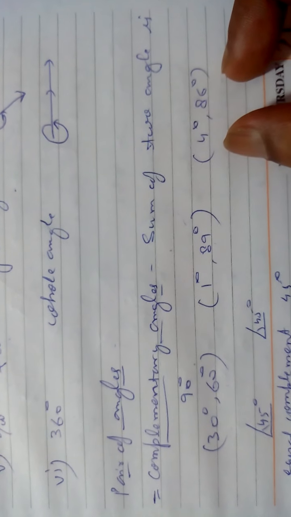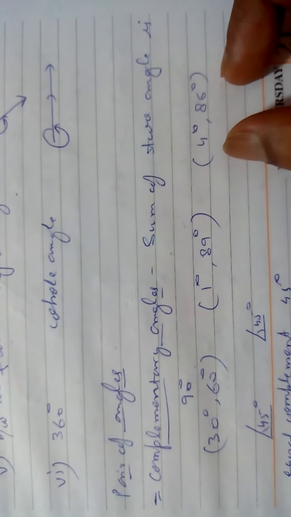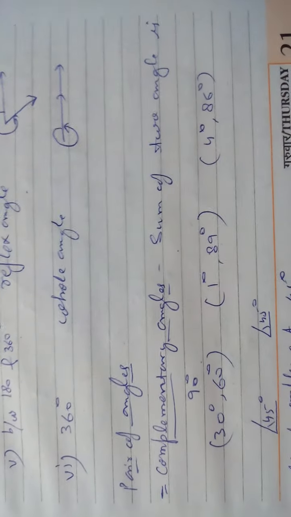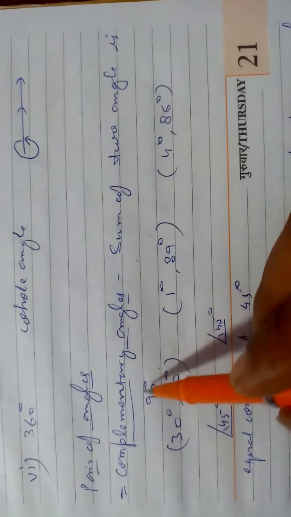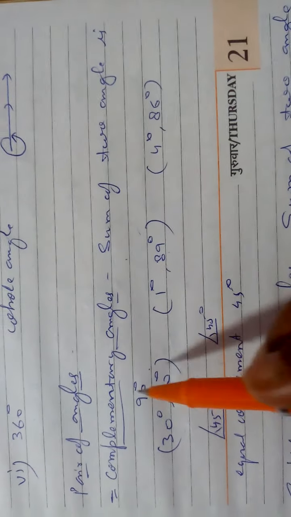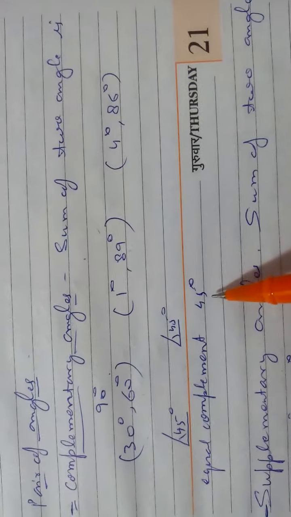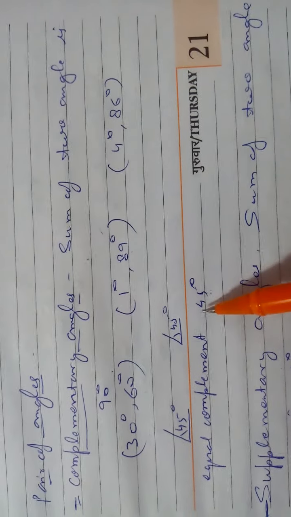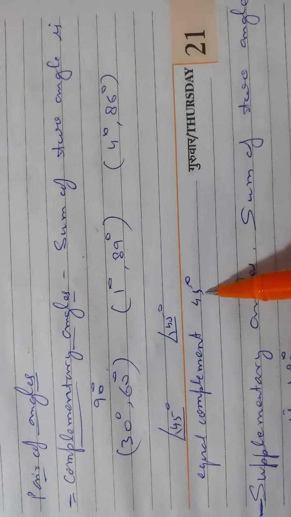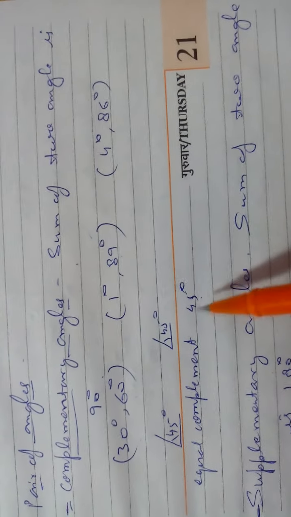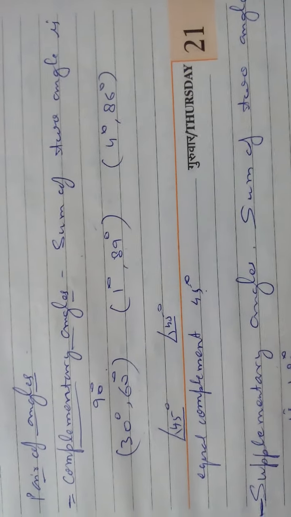Each angle is the complement of the other. What is the measure of the equal complementary angle? If the sum is 90 and both are equal, then half of it, 45, is the equal complement; 45 degree is the complement of 45.